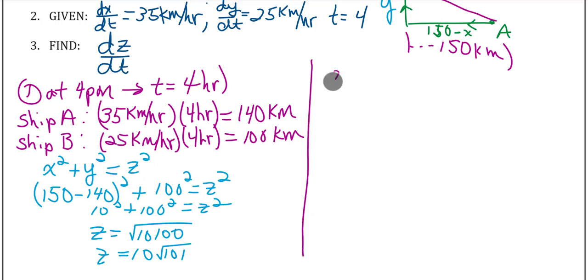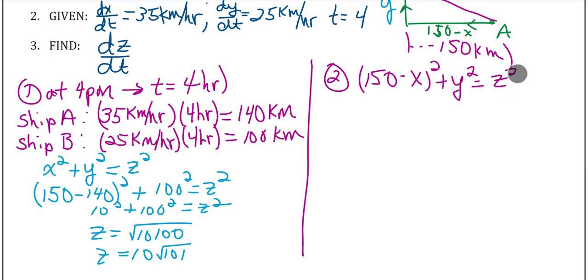Okay, so now I can take my original Pythagorean relationship, which was (150 minus x) squared plus y squared equals z squared, and I can differentiate with respect to t. So I'm going to bring the power down, lower the power by 1, and then multiply by the derivative of the inside function, which is -1.